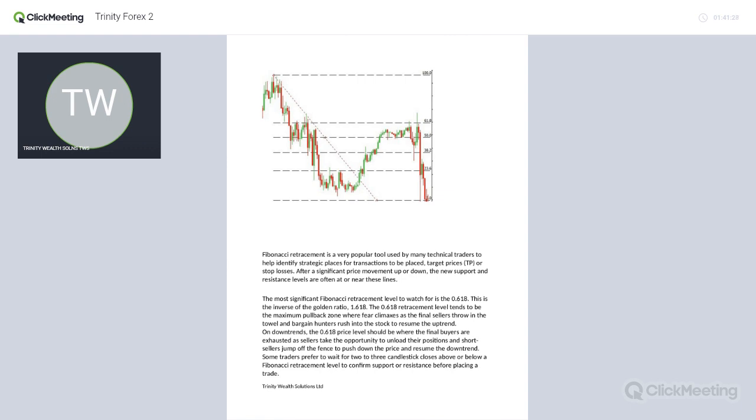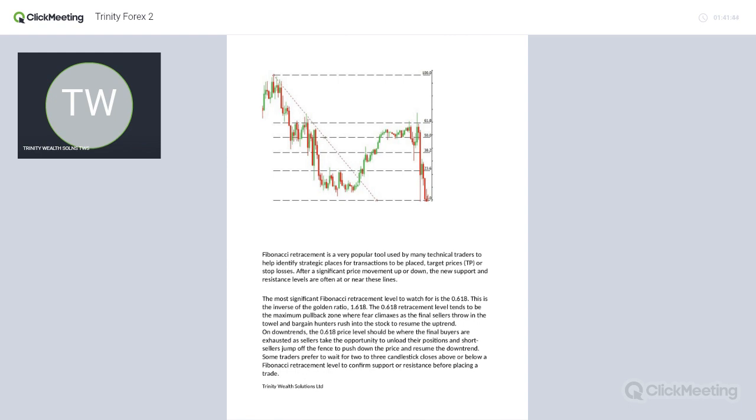The 0.618 retracement level tends to be the maximum pullback zone, where fear climaxes as the final sellers throw in the towel and the bargain hunters rush into the stock to resume the uptrend.